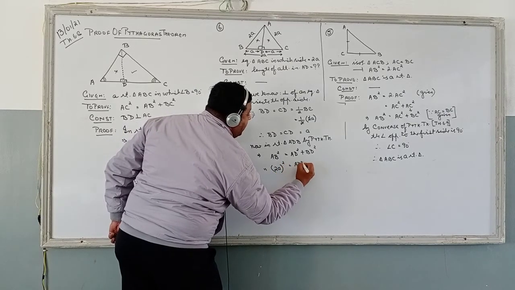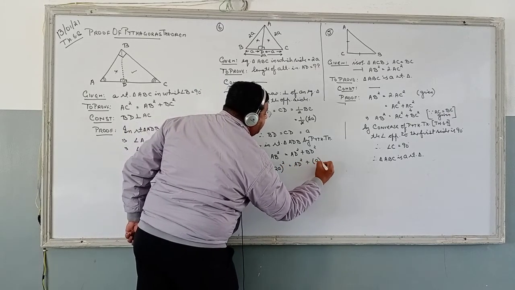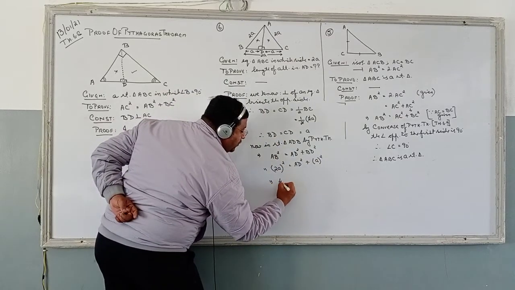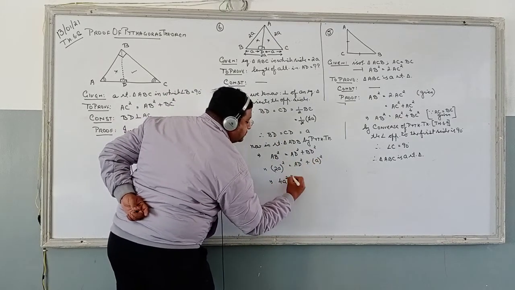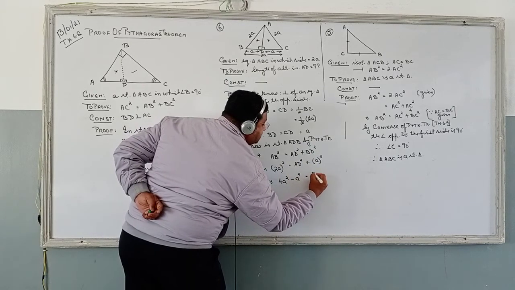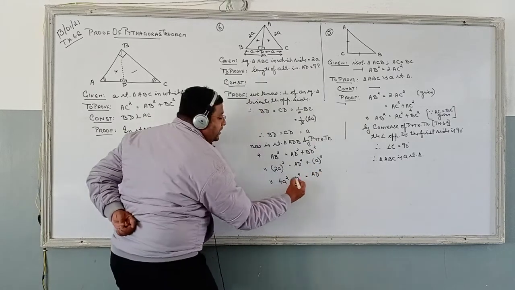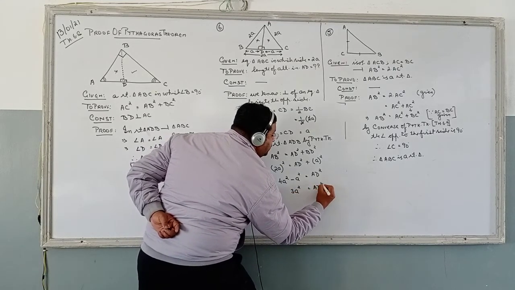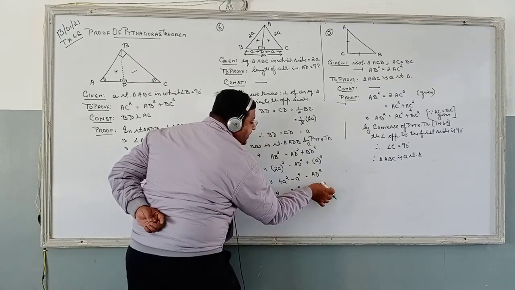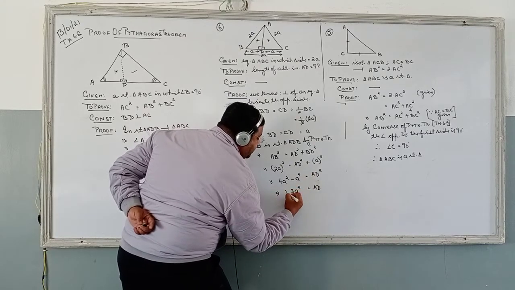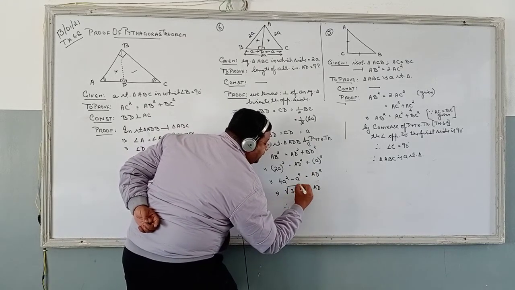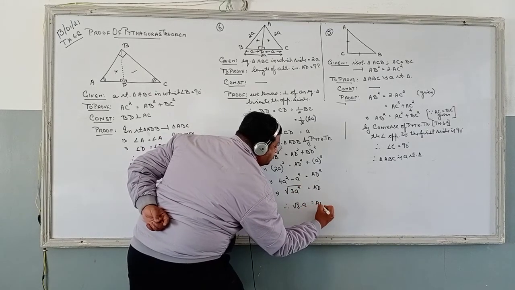AD we have to find. BD is A. 2A square is 4A square. A square comes over here. Minus A square is equal to AD square. 4A square minus A square, 3A square is equal to AD square. Square goes on the other side. It converts into root. And root of 3 is root 3. Root of A square is A, is equal to AD.